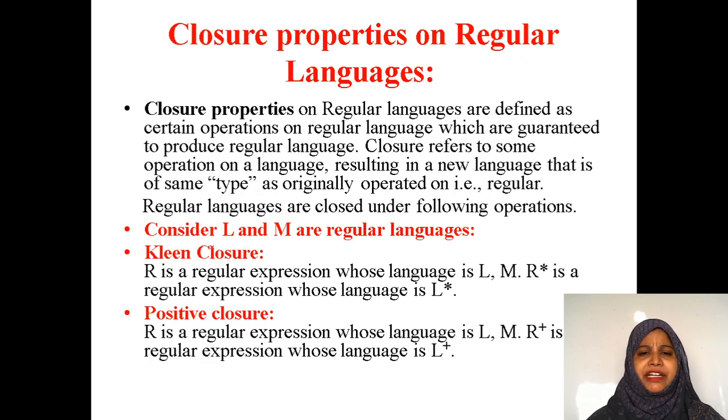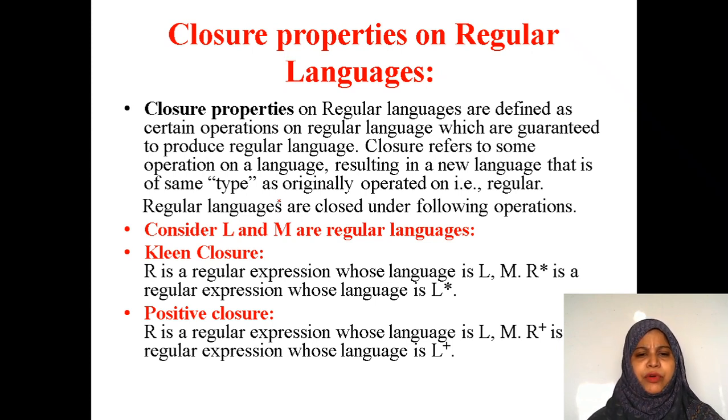Closure property means if any language is closed, then whatever operations we perform on that particular language, the result again satisfies the closure property. Closure properties on regular languages are defined as certain operations on regular languages which are guaranteed to produce a regular language. Whenever we perform any such operation on that language, it is still going to be a regular language only, right.